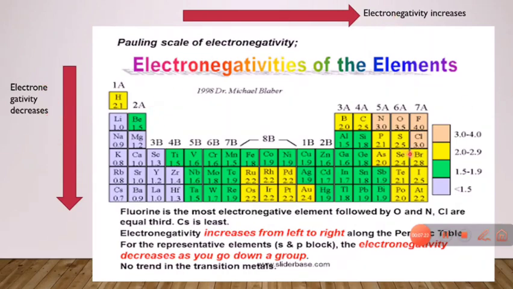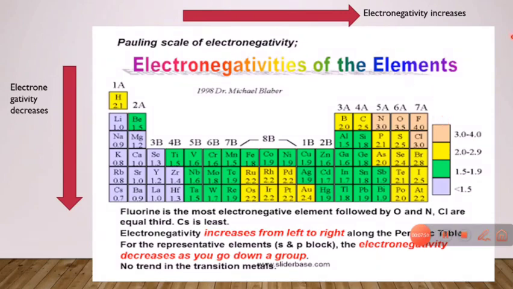You can understand this, because when we are moving from left to right, the metallic character decreases and non-metallic character increases. Non-metallic character is the ability of an atom to attract the valence electron towards itself, so electronegativity and electron gain affinity also increase from left to right.